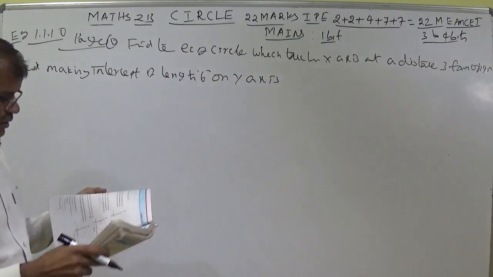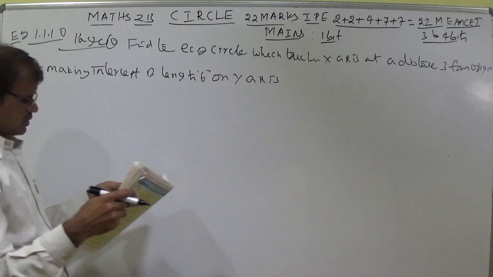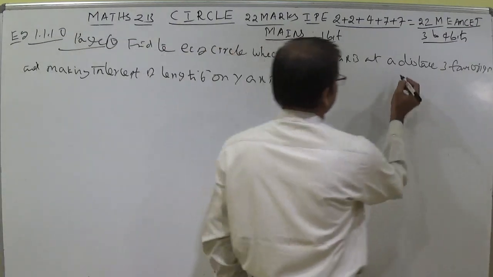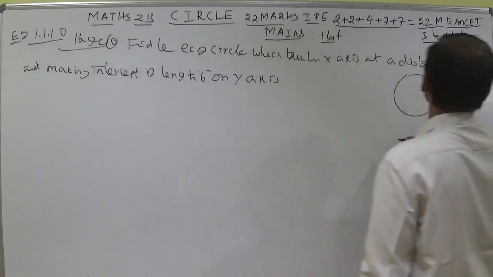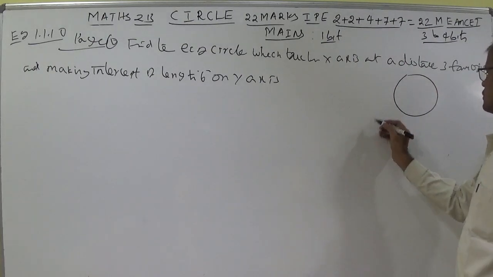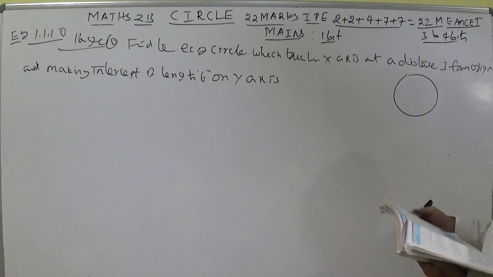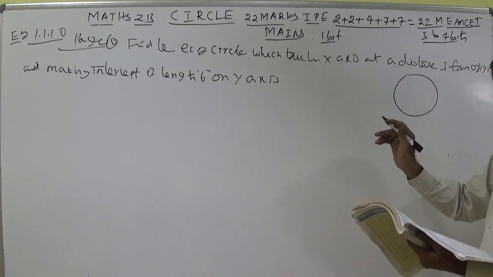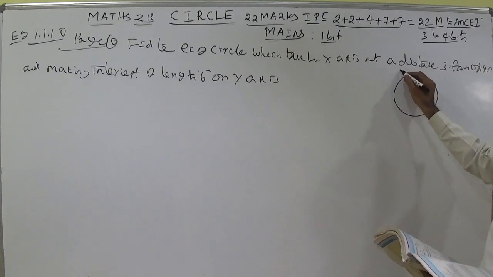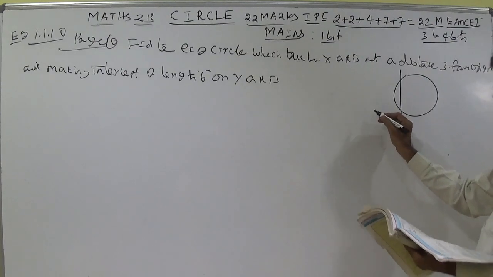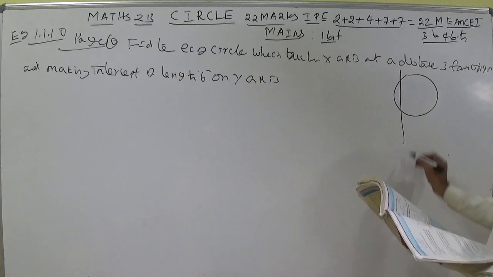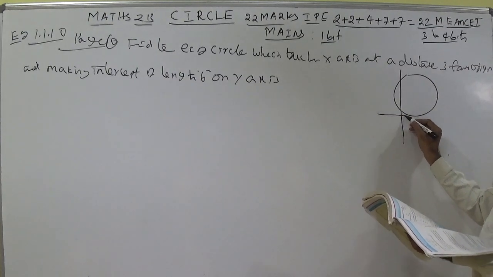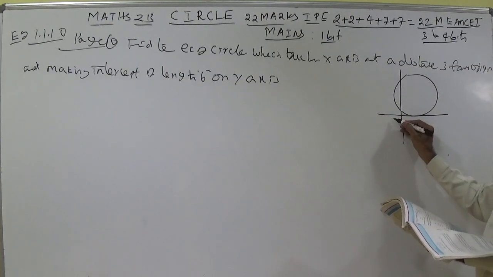Find the equation of circle which touches x-axis at a distance of 3 from origin. So from origin, put here 0, 0.